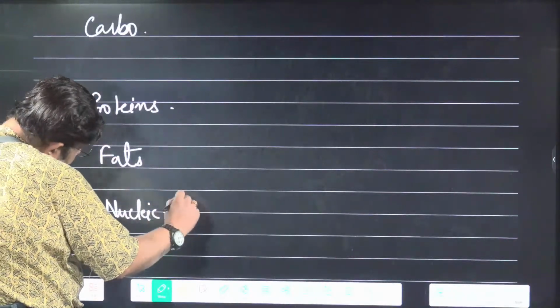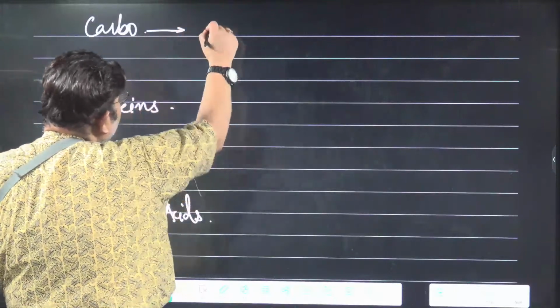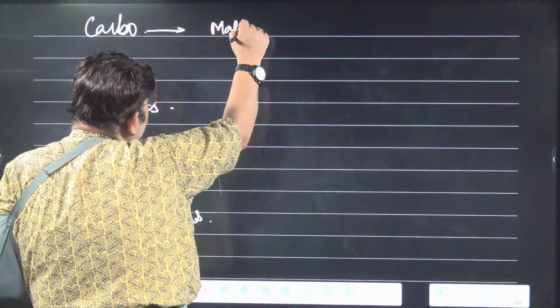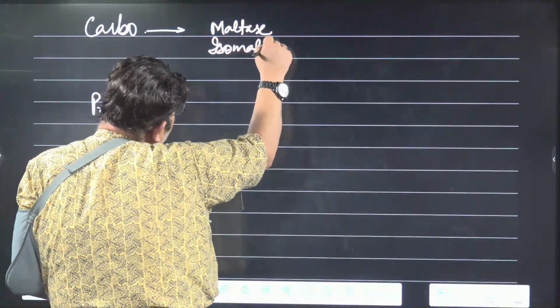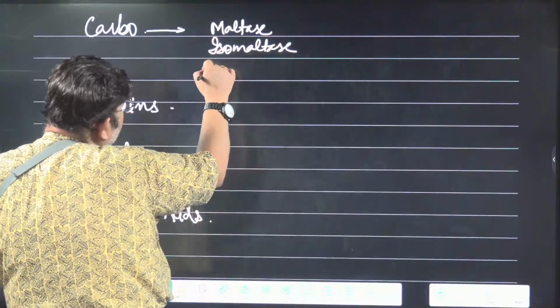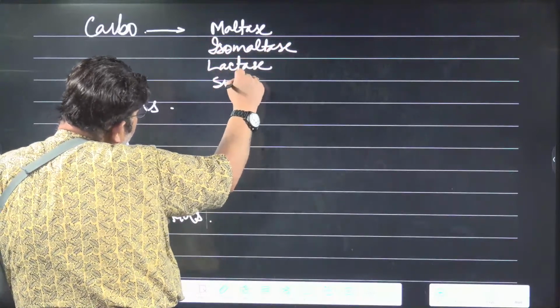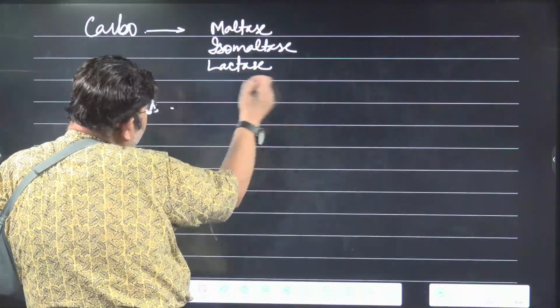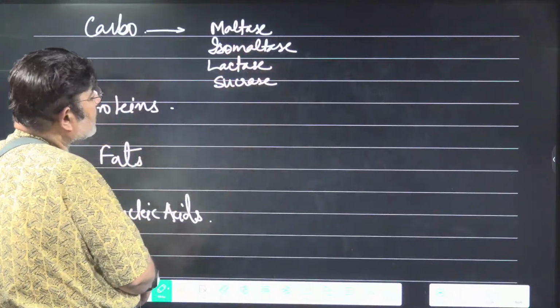Carbohydrates: we have got disaccharidases like maltase, isomaltase, lactase, and sucrase for digesting sucrose, cane sugar.